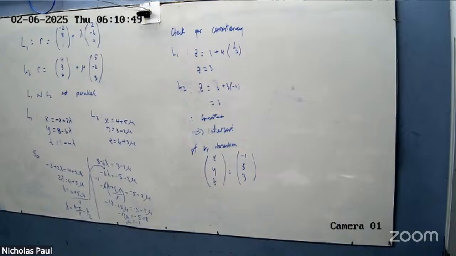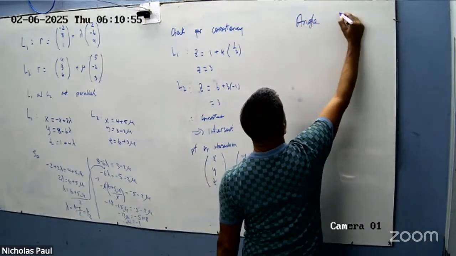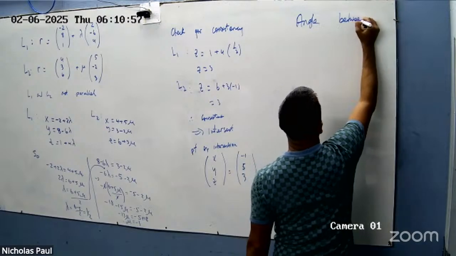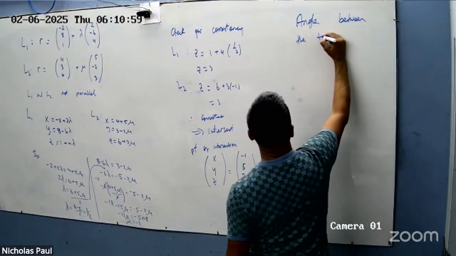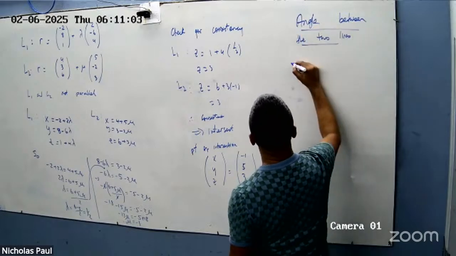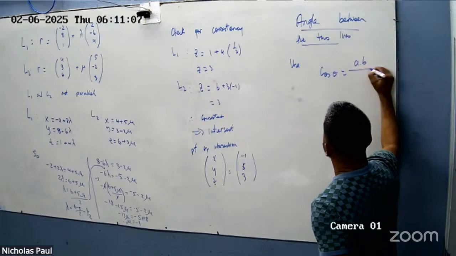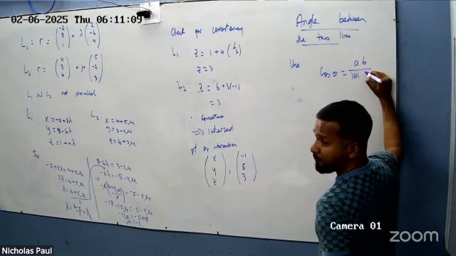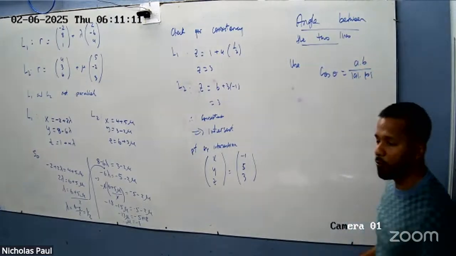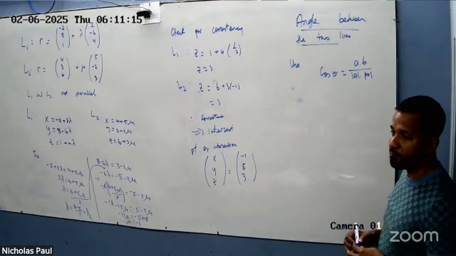All right, so angle between the 2 lines, right? So cos theta is equal to the dot product over the product of them. Question. What is A and B?